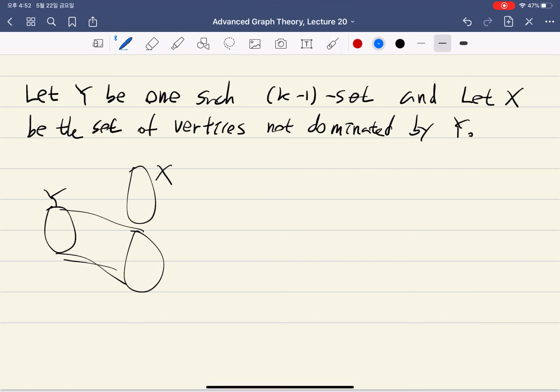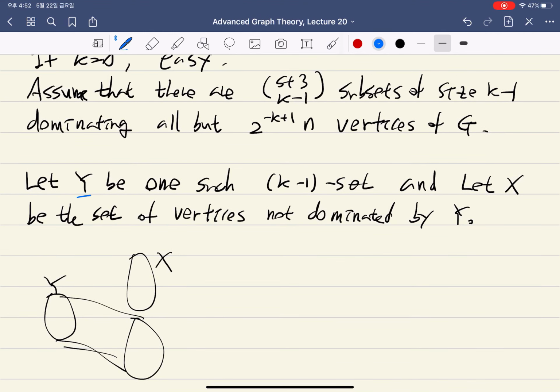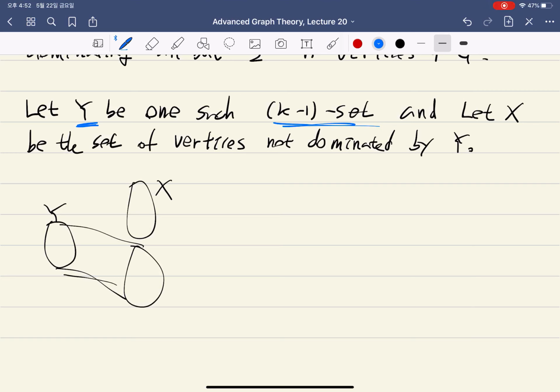Now Y is a k minus 1 set, and we want to find many k sets which dominate many vertices. So we want to add one more vertex to Y to get a bigger set of size k.